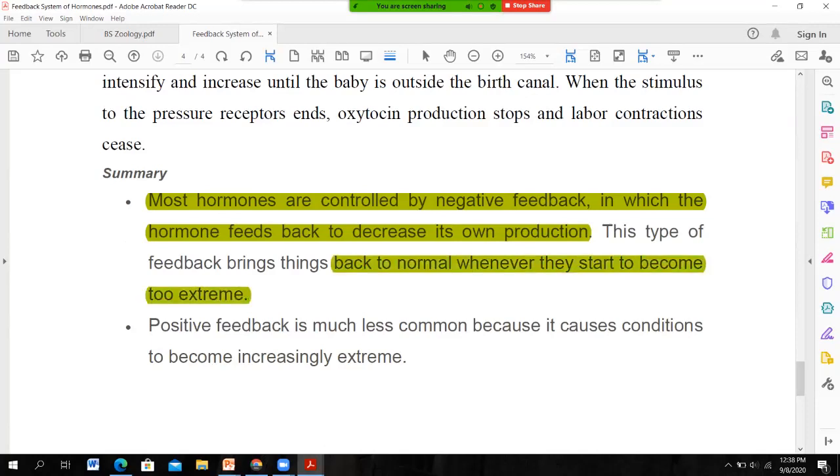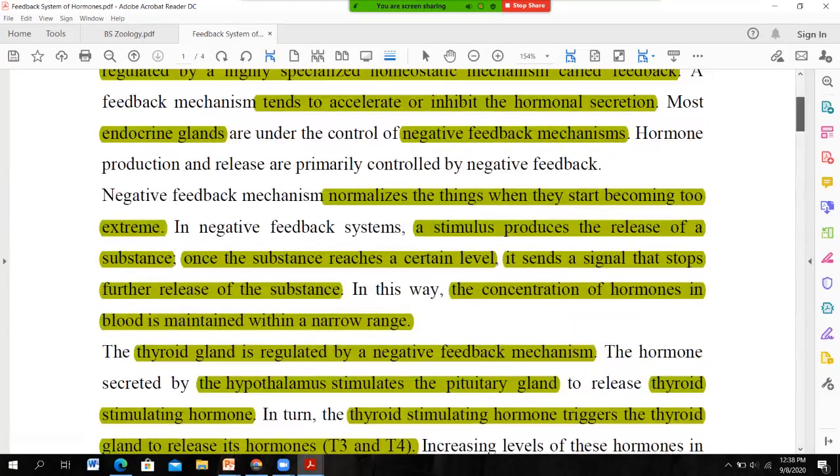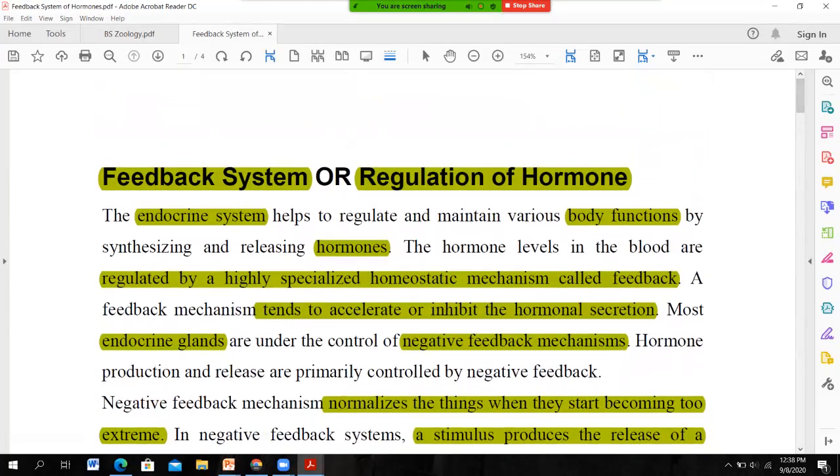Positive feedback is much less common because it causes conditions to become increasingly extreme. So in the majority of cases, we have a negative feedback mechanism, meaning that when a stimulus is produced, it inhibits or stops the release of the hormone.